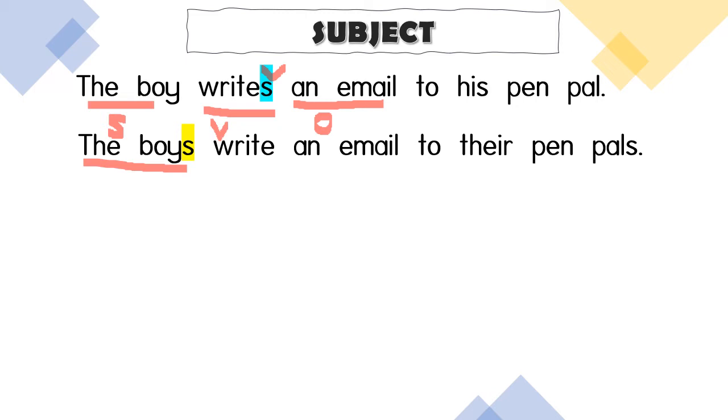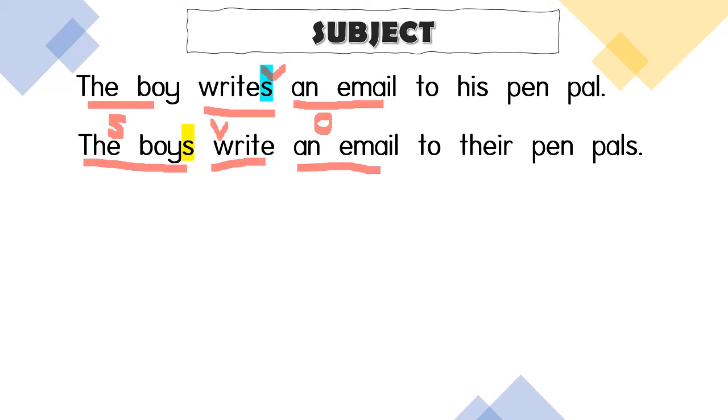So, the singular or plural? It's plural. Okay, so for the plural subject, we just use base form of word here. Okay, base form, kata dasar. So, tiada penambahan S. The boys write an email.